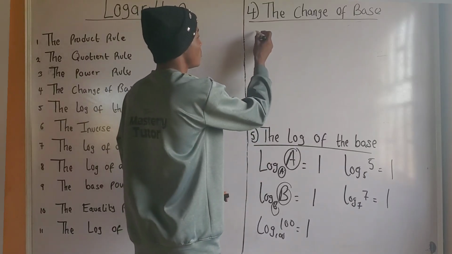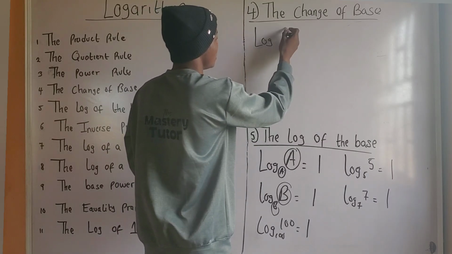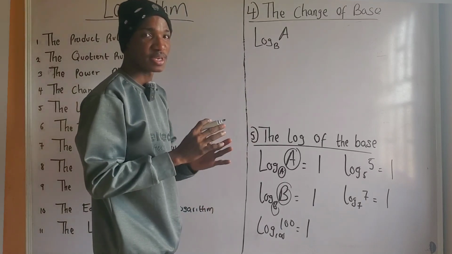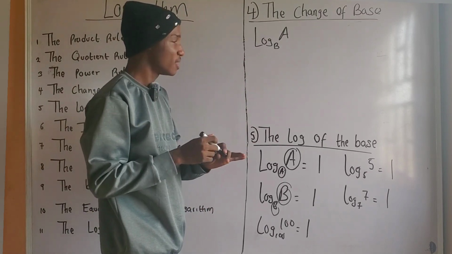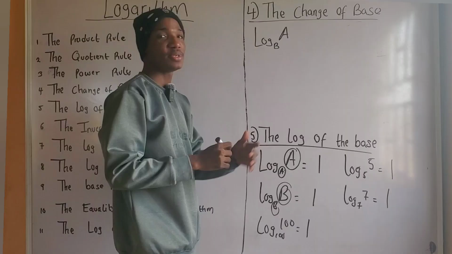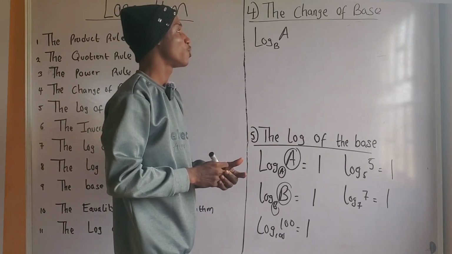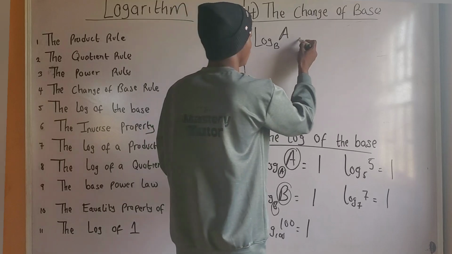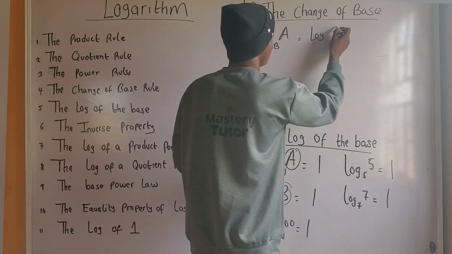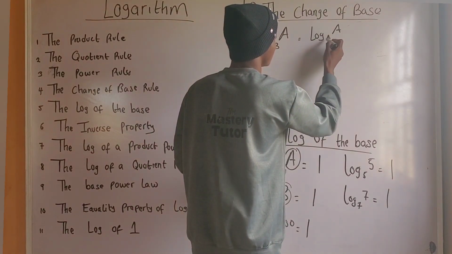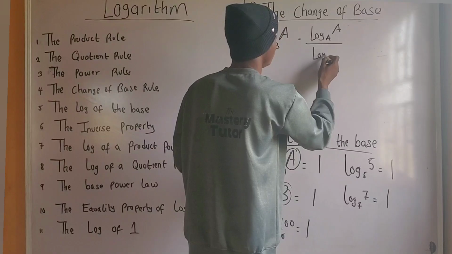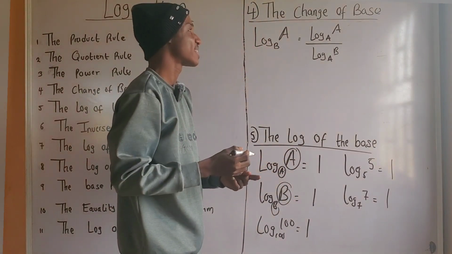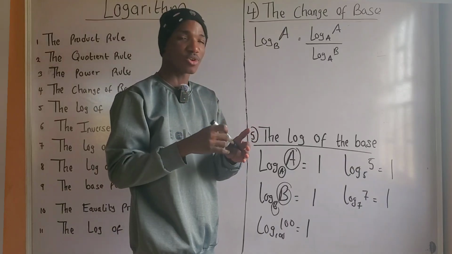According to this law, let's say we have log a base b. Please pay attention, okay? It's simple. Let's say you have log A base B. It is possible to rewrite this logarithm as log A base A all over log B base A. What I have done here is that I have changed the base of the logarithm.